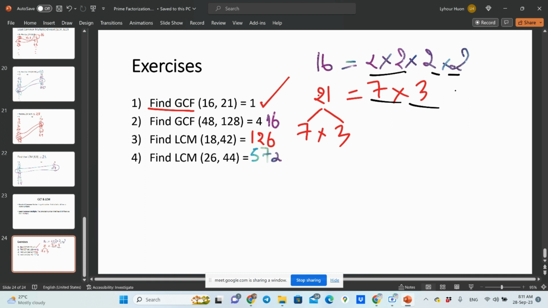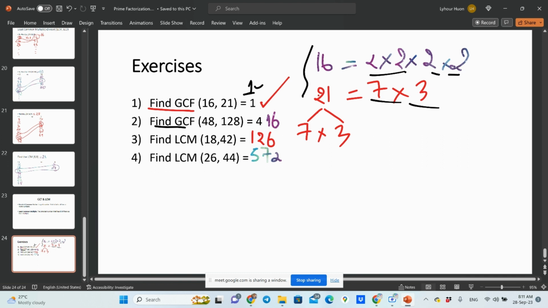So when there is no common prime factor, the result is 1.